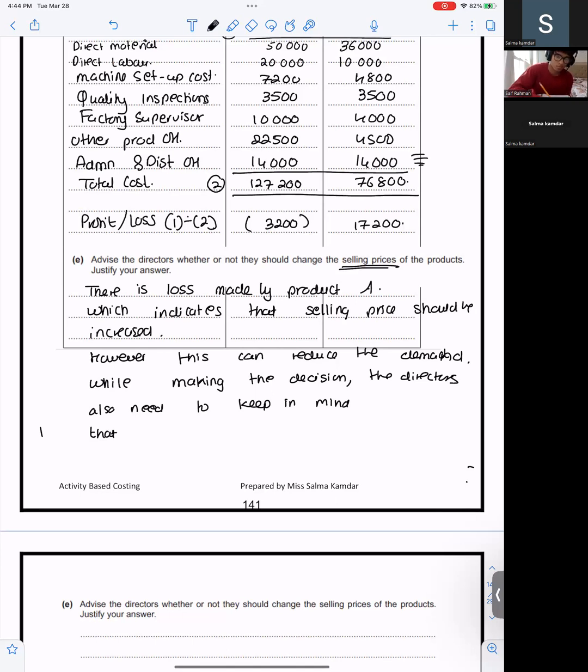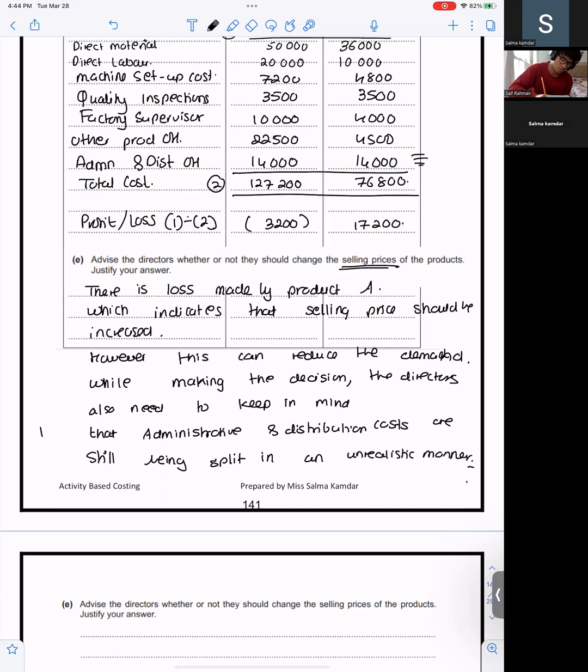That administrative and distribution costs are still being split in an unrealistic manner, because those are fixed costs and they cannot be split on the basis of activity level.